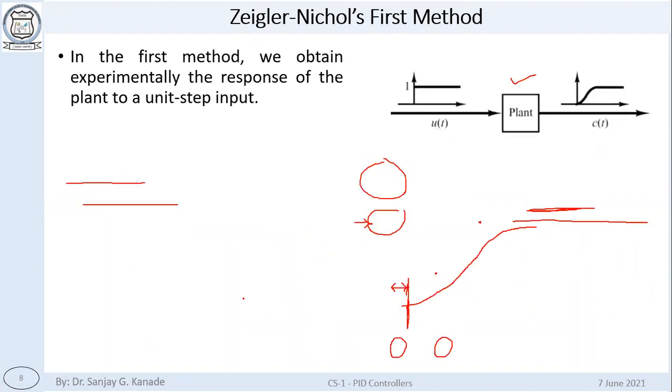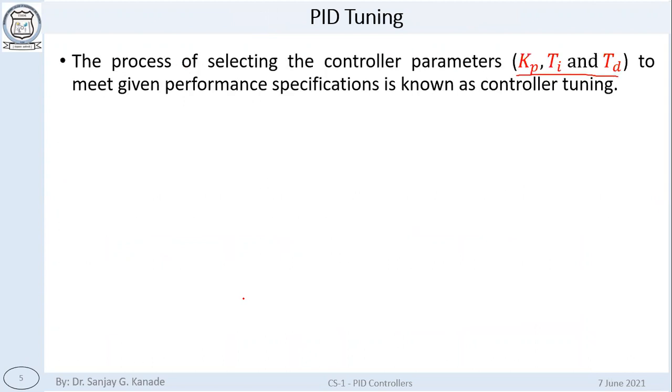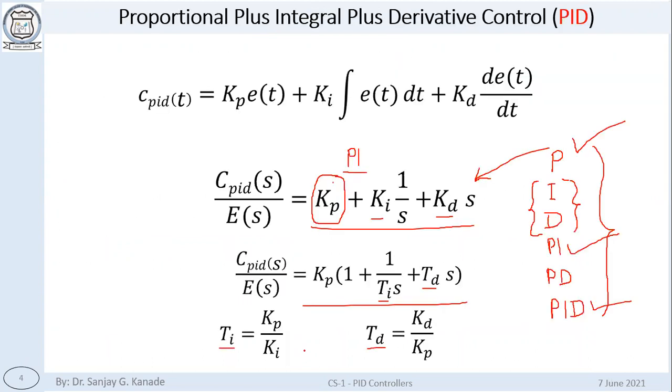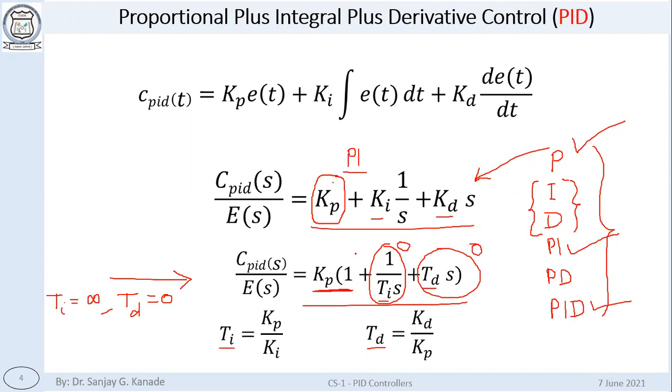If you look back at this formula, Kp has to be some value, but if you substitute Ti equal to infinity, this term will become 0, and Td equal to 0 makes this term also 0.